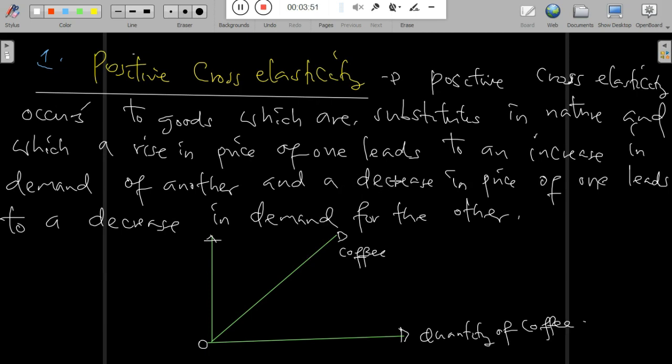Any increase in the price of one substitute good leads to an increase in the demand for the other. So when the price of tea increases, the quantity of coffee demanded also increases.